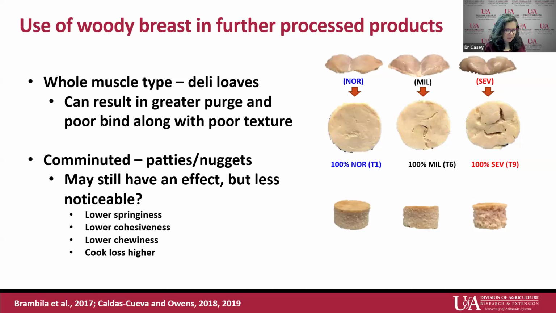So we can kind of mask those effects. Also, you would not likely have 100% severe formulated product. You probably have a mixture of some severe and some normal and mild within a particular product, which would again lessen the effects of that woody breast in that product.